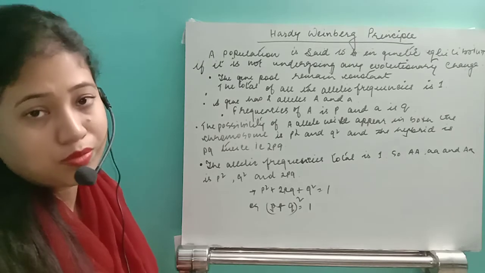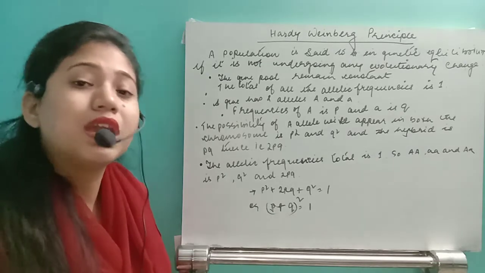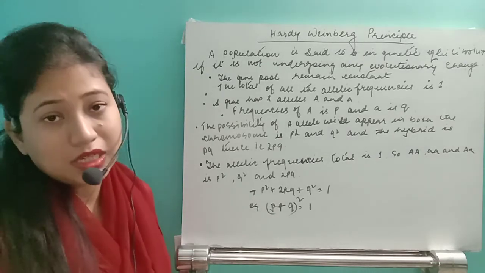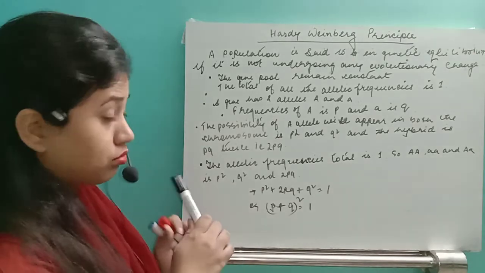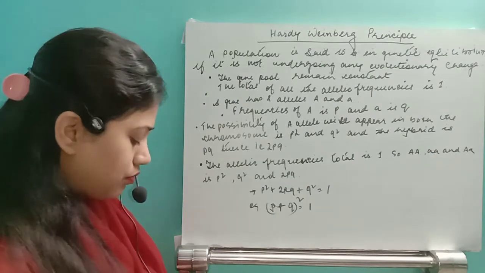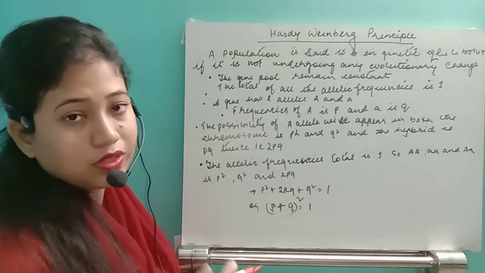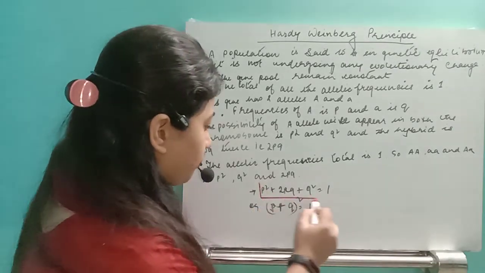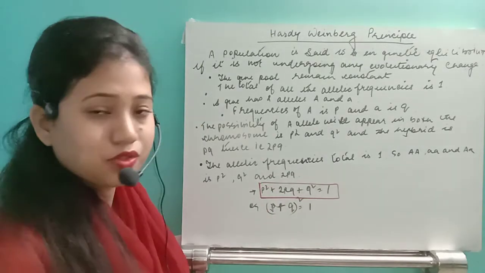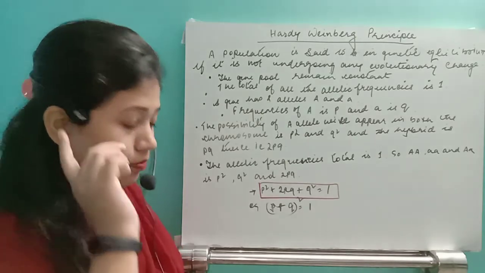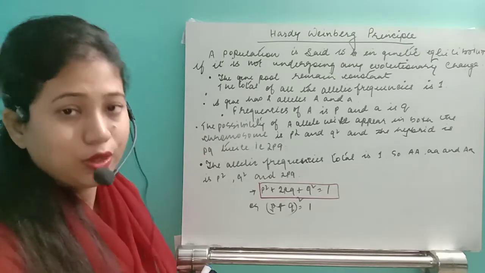What the Hardy-Weinberg principle states is that the sum total of the frequencies of all the alleles is 1, and it will always try to remain constant. So the mathematical expression for the Hardy-Weinberg principle is p square plus twice pq plus q square equals 1. It can also be said as p plus q whole square is equal to 1. This is a binomial expression.